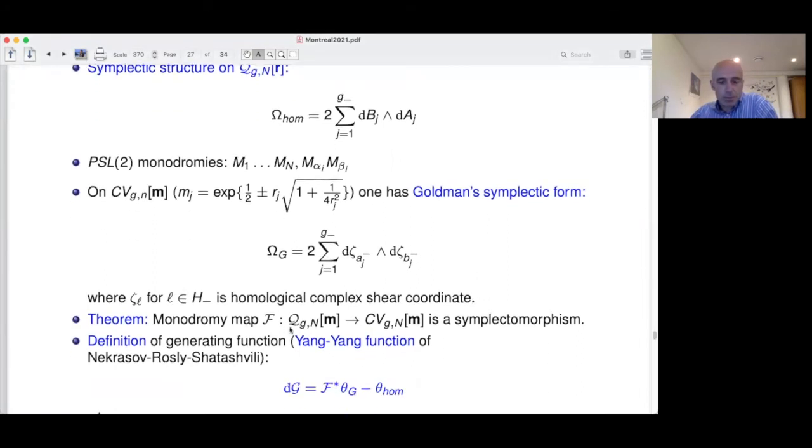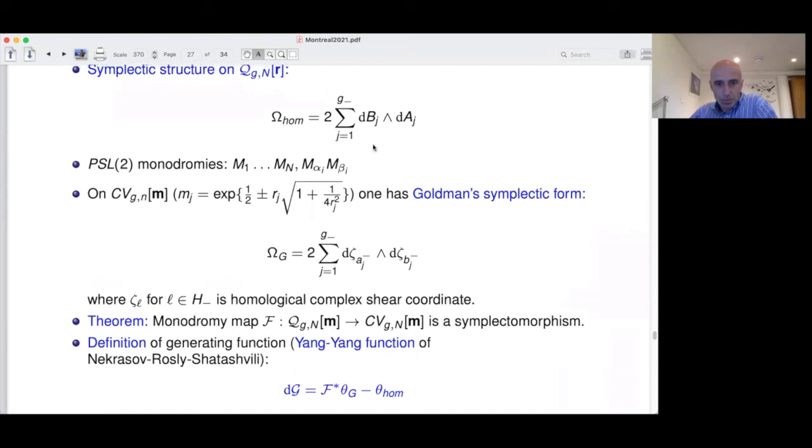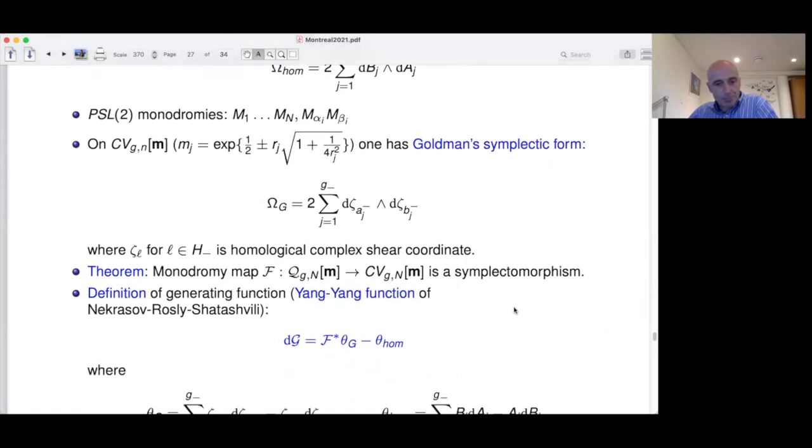And the proof repeats the proof of our paper with Mark and Haya Norton, like 4 or 5 years ago, that this map is symplectic between this form on the coefficient side and this form on the character variety. The proof here is one line, but the proof is pretty technical, I must say.